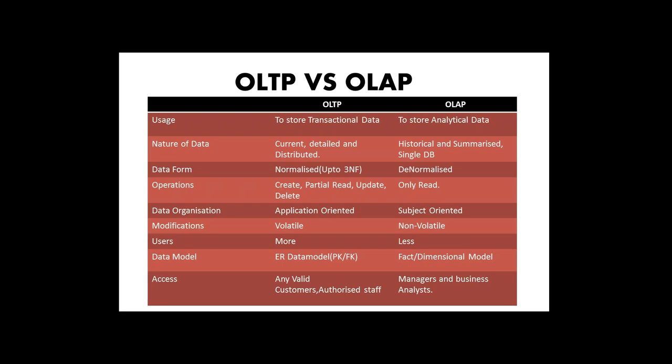But coming to this OLAP part, they organize data in such a way that it is dimensional modeling, which is nothing but dimensions. The term dimension states data that will not vary much. Let me put this as an example. Each and every business involves some customers.